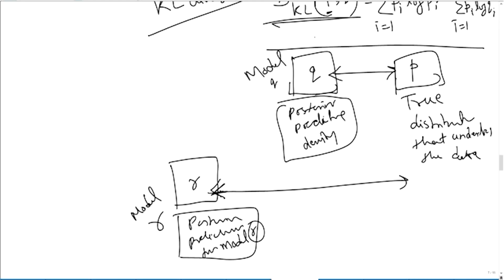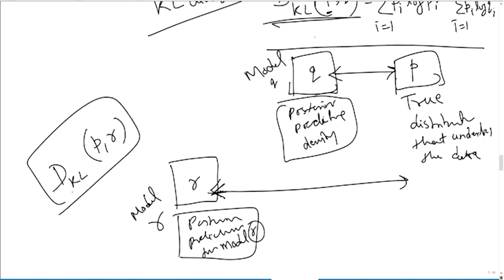Okay, and let's say this term D_KL(P||R) gives us the KL divergence from R to P. So basically, if we use probabilities from this distribution R to predict this true distribution P, how much uncertainty is induced, right?